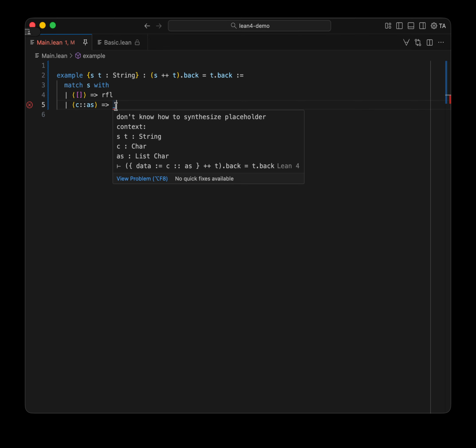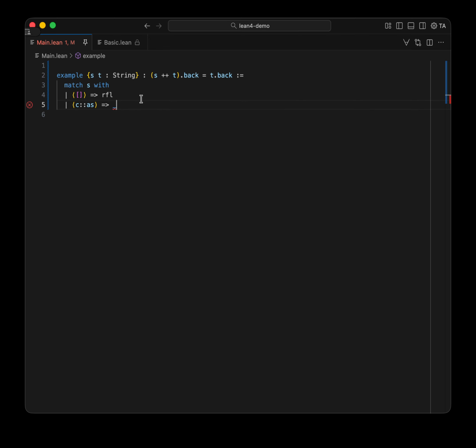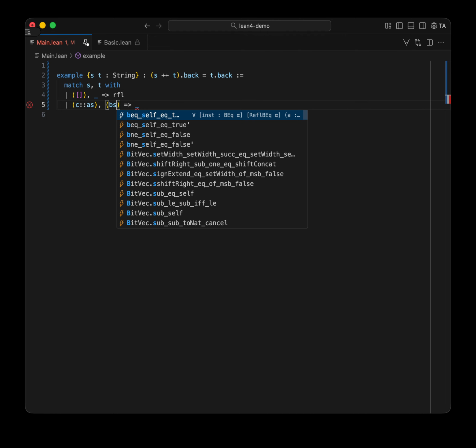Okay, this is going to be a little tricky. Let's also try to destruct the T. Okay, I don't care about this in the first case. Second case, I can call it BS.